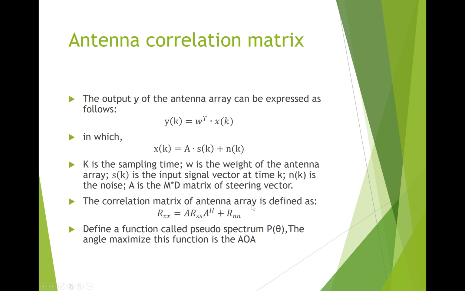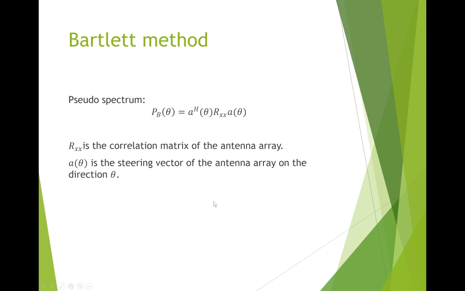A is the matrix of steering vectors. The correlation matrix of the antenna array is defined as follows, and by using the correlation matrix, we can create a function called the pseudospectrum. It's a function of the angle of arrival, and it reaches its maximum at the angle of arrival. So we just need to find where the pseudospectrum gets the maximum, then we can get the angle of arrival.